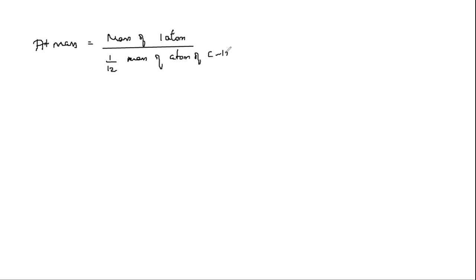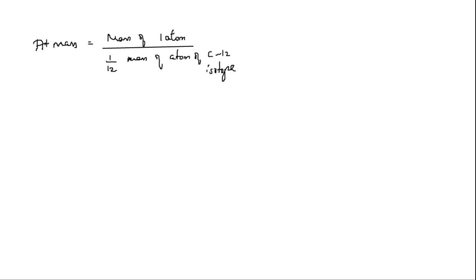No. Atomic mass, or sometimes called atomic weight, is the mass of one atom of that element divided by 1/12th the mass of an atom of the C12 isotope of carbon. C12, because carbon 12 is present in large abundance.